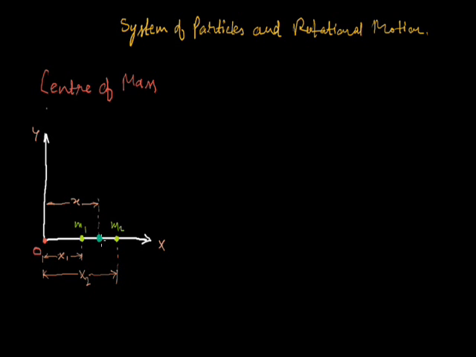But how can we say that the dot position for the center of mass will be in between the positions of the m1 and m2 masses? For that we can calculate. So here we consider a system of two mass particles as shown in the figure.